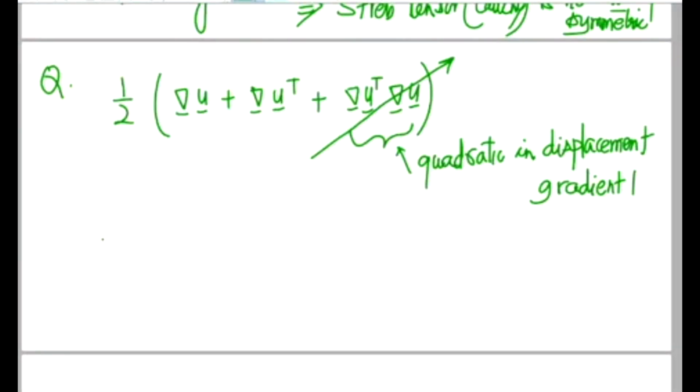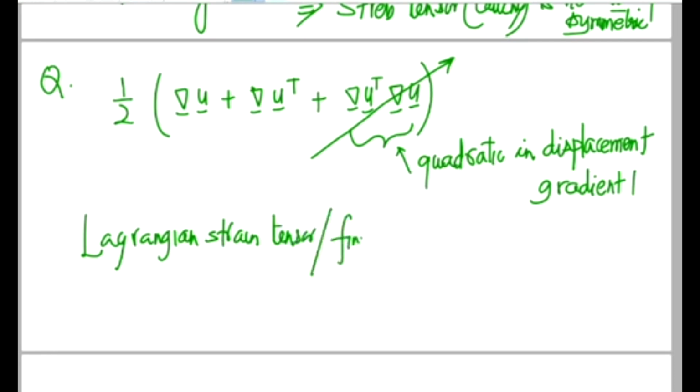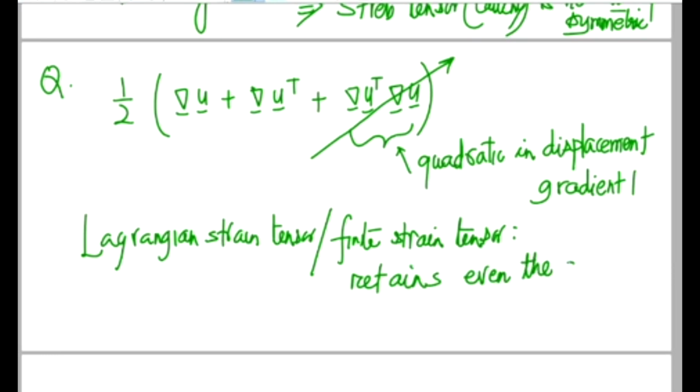So the Lagrangian strain tensor, which is also called the finite strain tensor, retains even the quadratic term, whereas the infinitesimal strain tensor only keeps the linear terms in displacement.